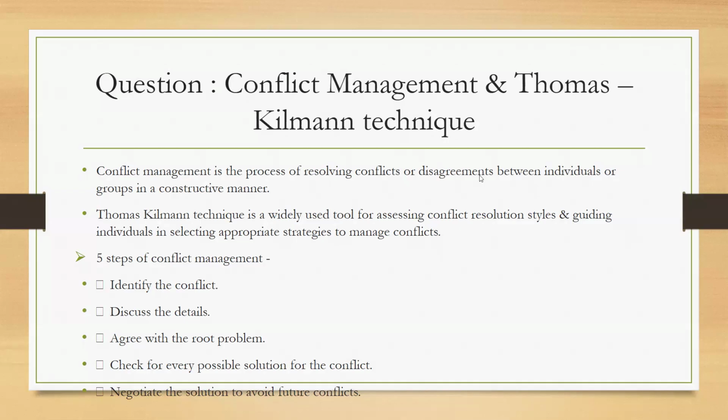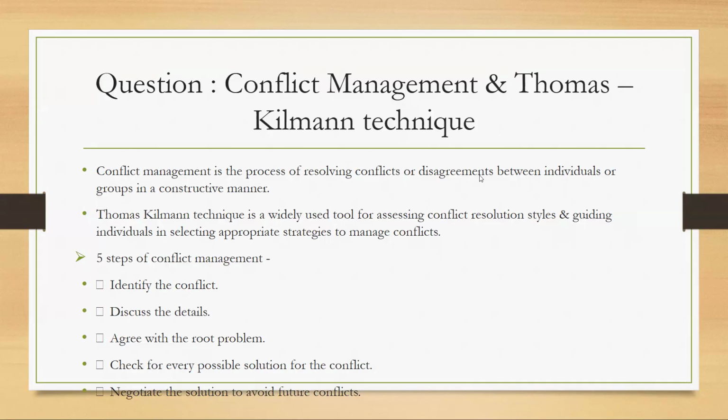Then check for every possible situation of the conflict. Whenever a conflict is happening, there will be some problems behind it, so you need to identify all possible solutions. Whichever solution gives the maximum output, you can use it.